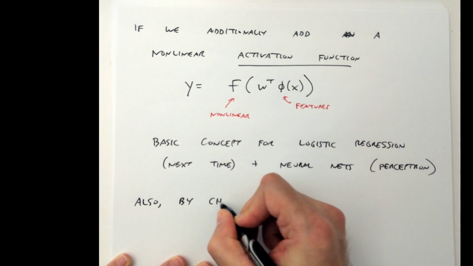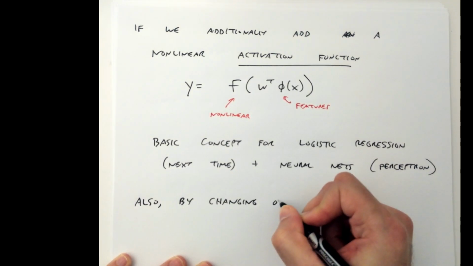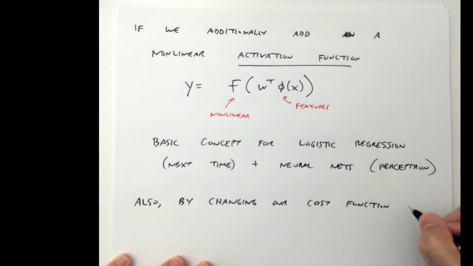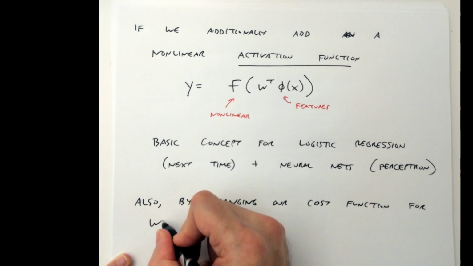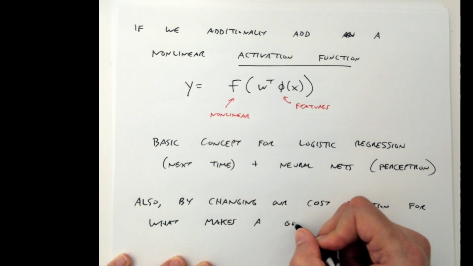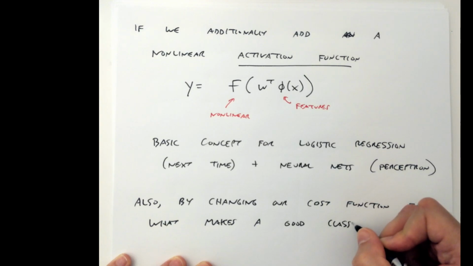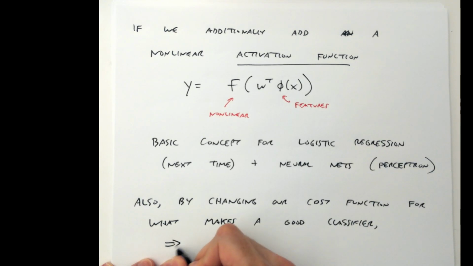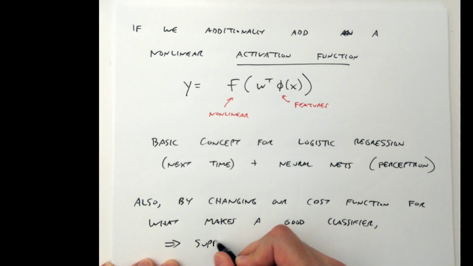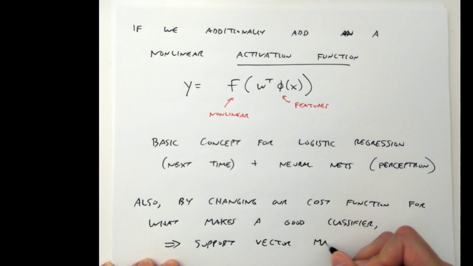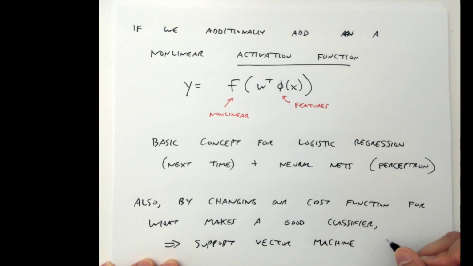By changing our cost function for what makes a good classifier, we can get something called the support vector machine, another futuristic-sounding object, SVM.